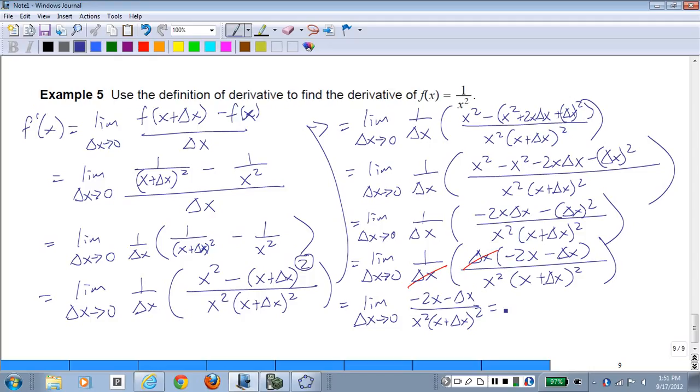So the two places where we see delta x, we'll substitute 0. So this equals negative 2x minus 0 over x squared times x plus 0 quantity squared. And this is going to be negative 2x over x squared times x squared.